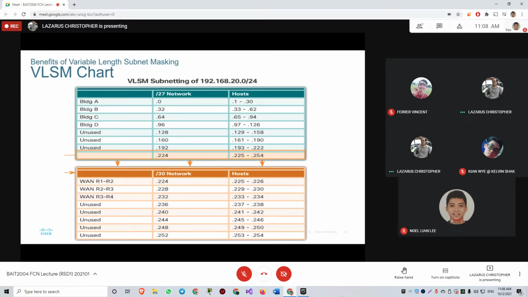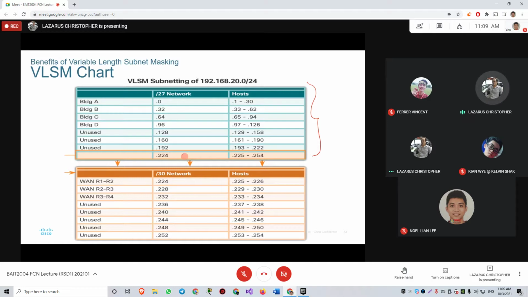Any questions? Yes, different subnets must have different prefixes. Remember, all these are actually /27 when you first do the subnet. Then I said I want to take the last unused range of addresses, subnet number 8 here, and subnet it again to provide a subnet address for each wide area network here.